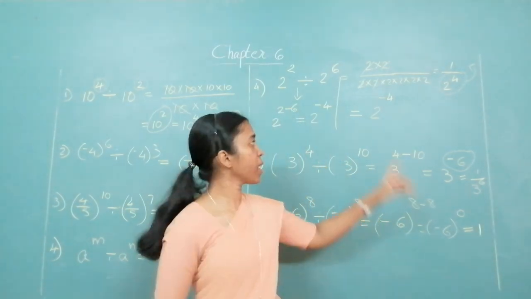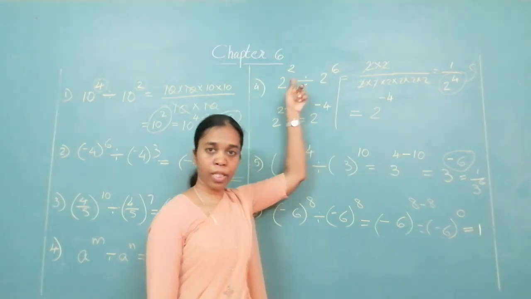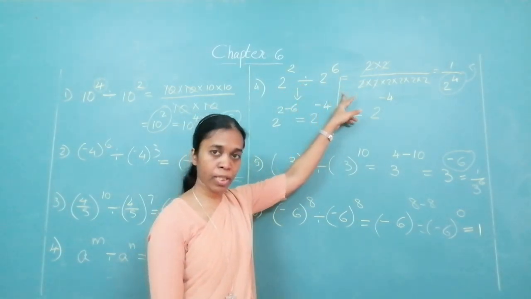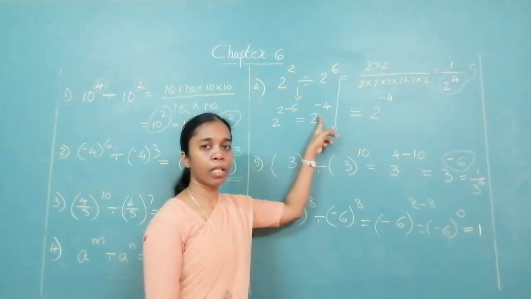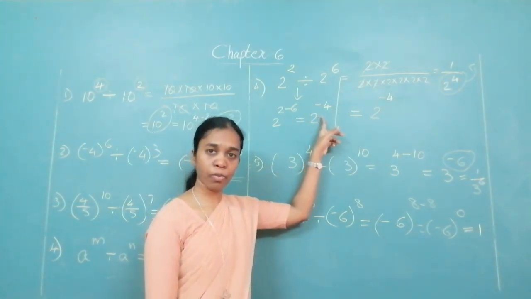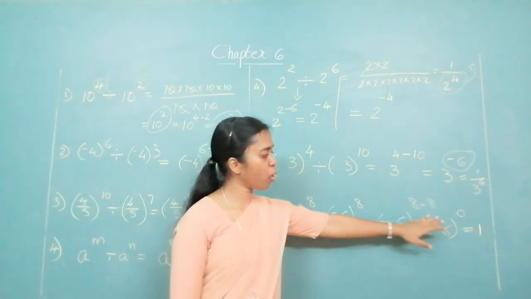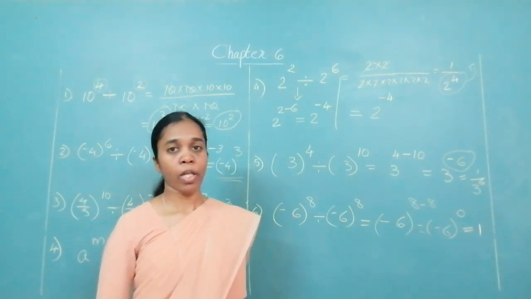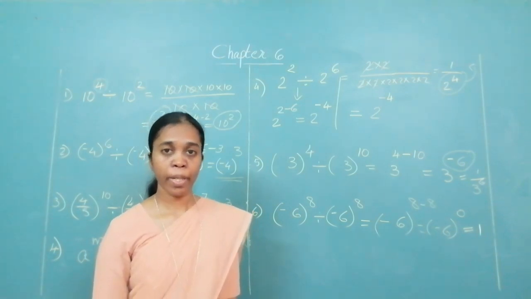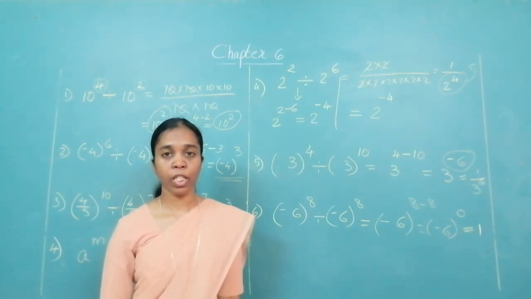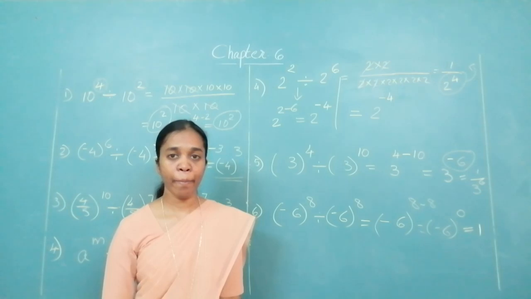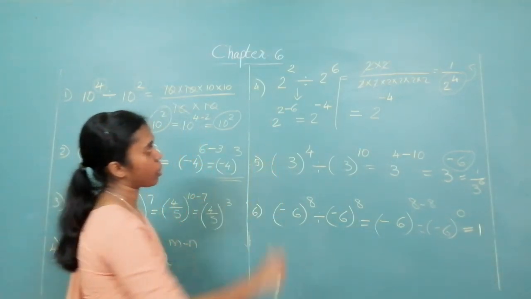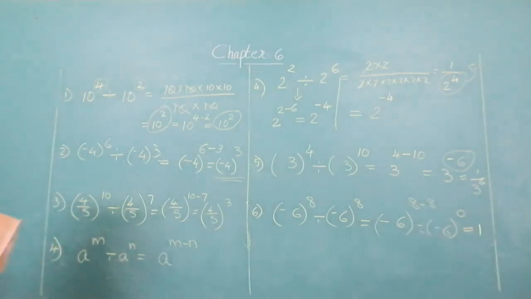If the first index is small compared to the second index, then you will get the answer index as a negative. You can write it in the positive form, taking it 1 upon. So what is the formula? A raised to m divided by a raised to n is equal to a raised to m minus n. We shall have some more examples of these positive and negative integers.